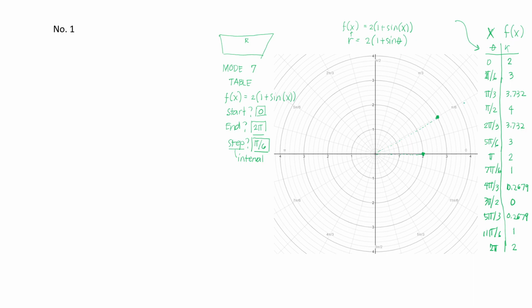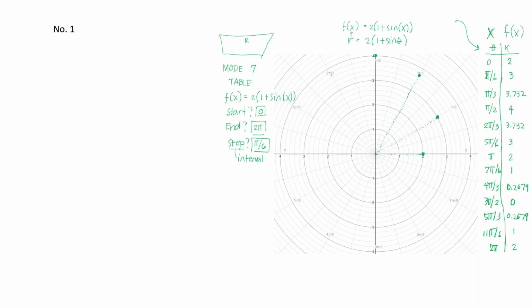So this one is your 3. Then 3.7, this would be 2, 4, 6. This would be the point here. Okay, and then 4. Then it repeats itself, di ba?